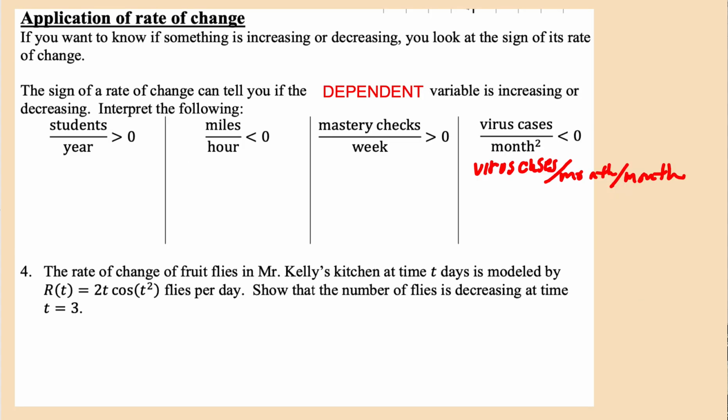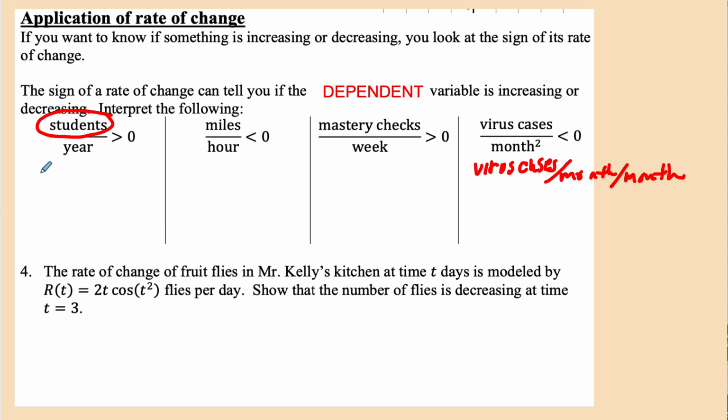Okay, so if you want to know if something is increasing or decreasing, you look at the sign of its rate of change. So the rate of change can tell you if the quantity is increasing or decreasing. This is the variable right here, in the numerator, with respect to the years.